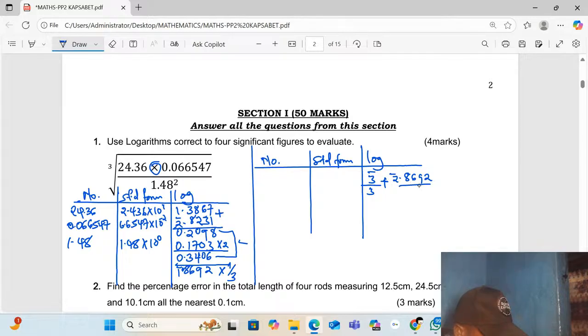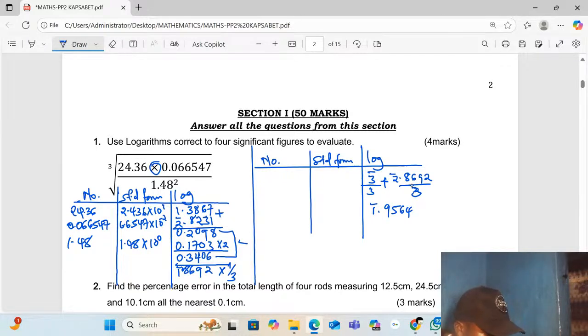We separate the 2 separately, so that when we work it out now this way, sorry, divide by 3, so that we arrive at bar 1.9564. So that is now the log, the cube root of that.